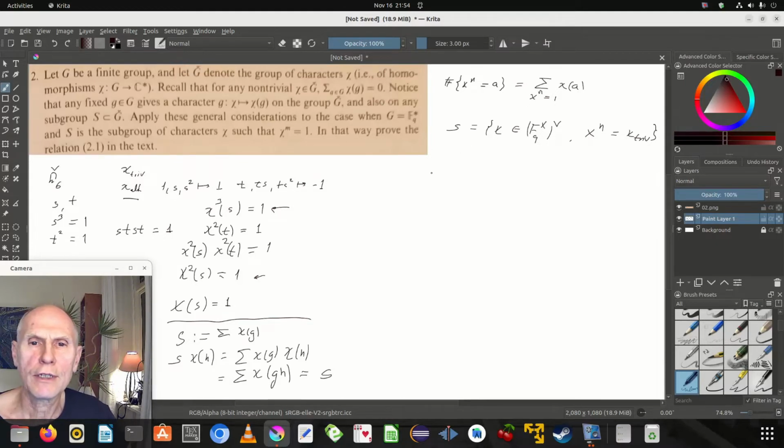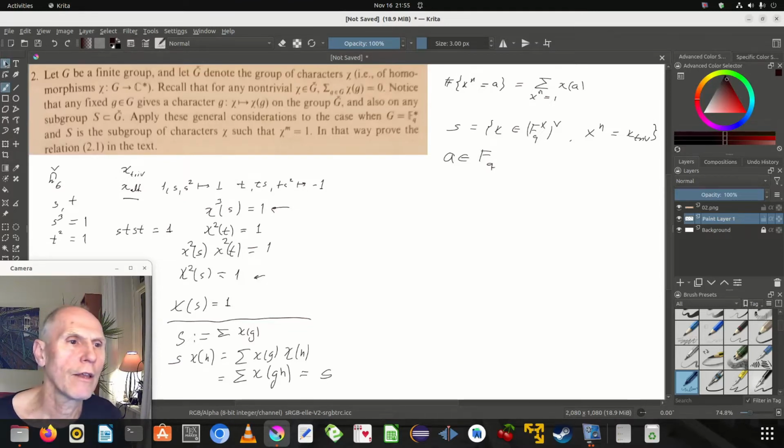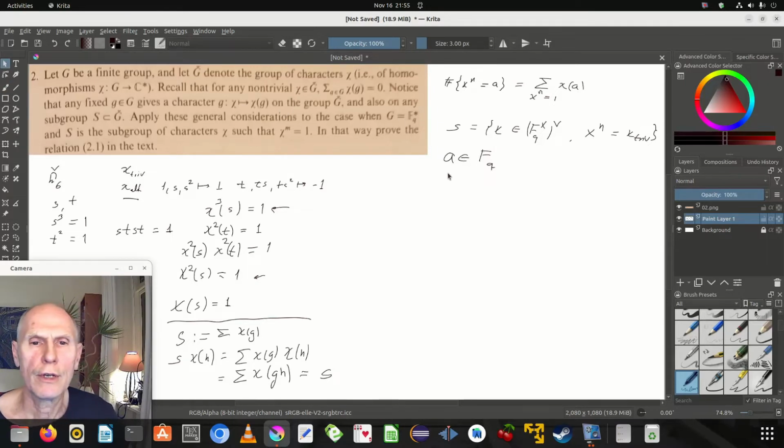And then we consider any A in F_q. And then we apply this result that it vanishes unless chi reduced to the identity on this group.